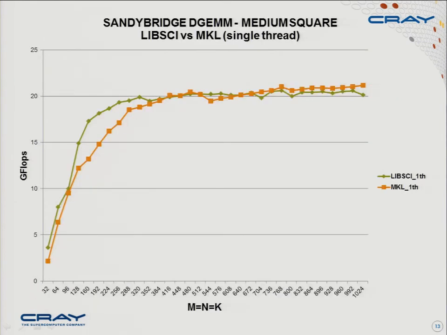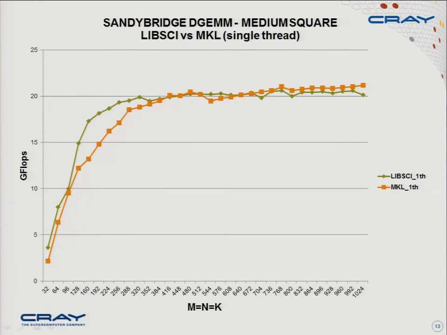What we do then is a comparison between our library and what is available. For the CPU, Sandy Bridge, that is MKL from Intel. We try to do the comparison and get at least the same performance, or even better. No less than that, this is the point. You see here the green line is libsci with one thread, so this is just single-thread execution, and then we have MKL.